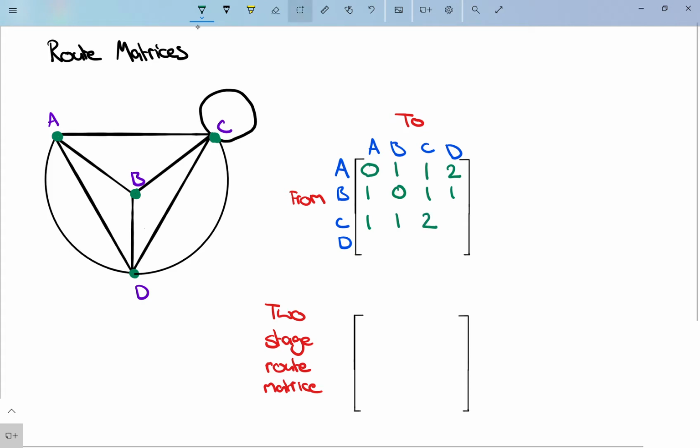Okay, this is important to remember. If you have a loop up here, like this, there are 2 possible ways that you can go from C back to town C, because you can go clockwise or you can go anti-clockwise. Okay, it is important to make that distinction, because one of the most common mistakes students make is they put that there's only one possible road or one route.